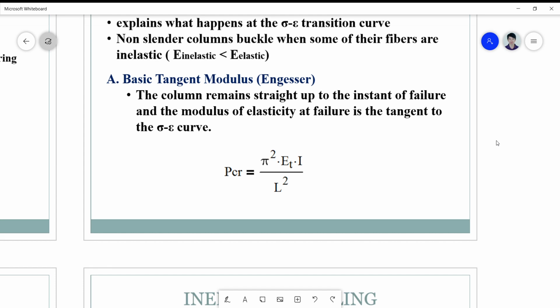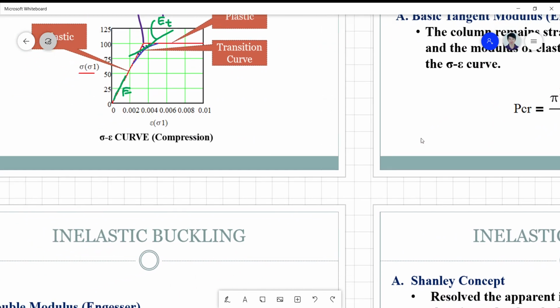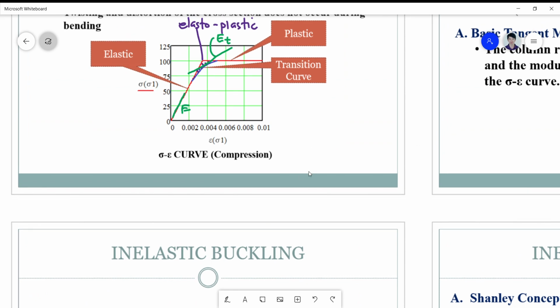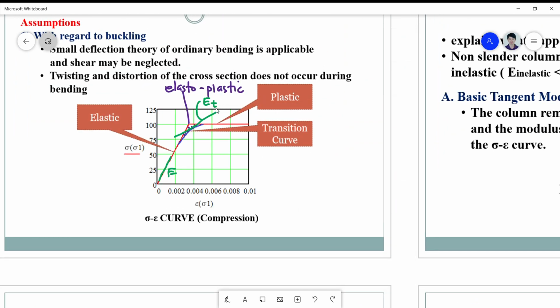The first one is the basic tangent modulus by Engesser, and this explains the column strength which remains straight up to the instant of failure, and the modulus of elasticity at failure is simply equivalent to the failure at, okay, the point in which the modulus of elasticity considered is tangent to the sigma epsilon curve. Okay, so this is now what I mean by the tangent modulus of elasticity.